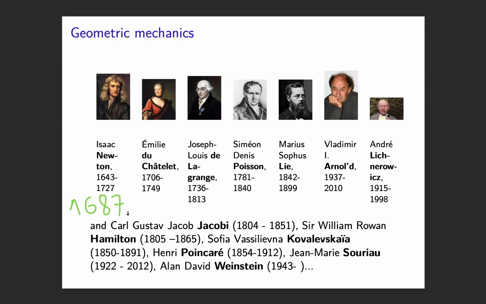So what happens after Newton is that Émilie du Châtelet translated the book of Isaac Newton from Latin to French. That was at the beginning of the 18th century, or the first part of the 18th century. She also commented on this book, so the translated version is commented in French as well. She added some comments to Newton's work.